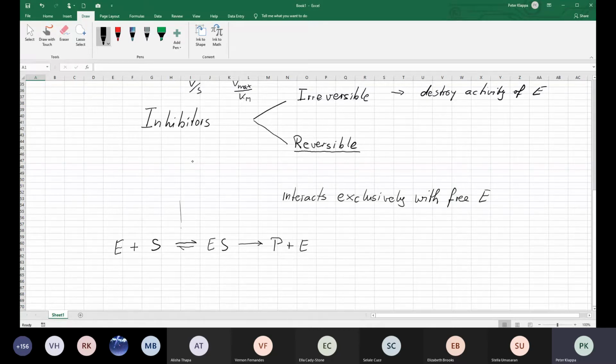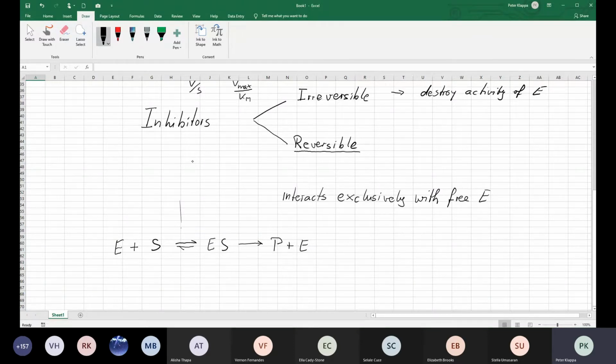And when we talk about inhibitors, we are only looking at inhibitors that do something to the enzyme. We totally discount any inhibitors that would work with a substrate or with a product. That's not something that we are interested in.